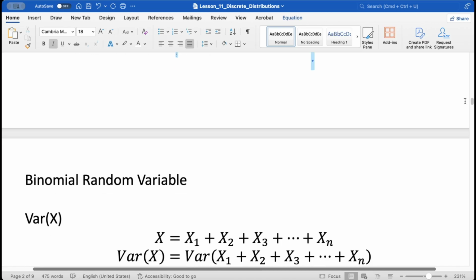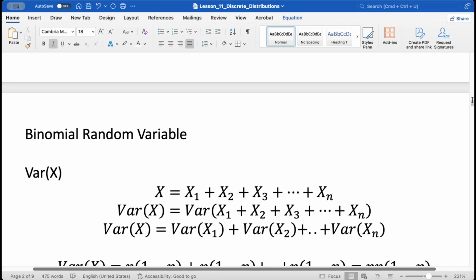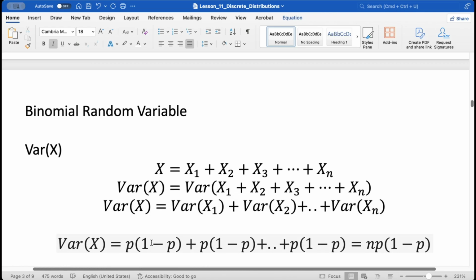Now the variance. Assuming independent trials here, the variance of a sum is the sum of the variances. Now the variance for the Bernoulli was p times 1 minus p. So we have n copies of that, repeatedly adding, multiplied by n.